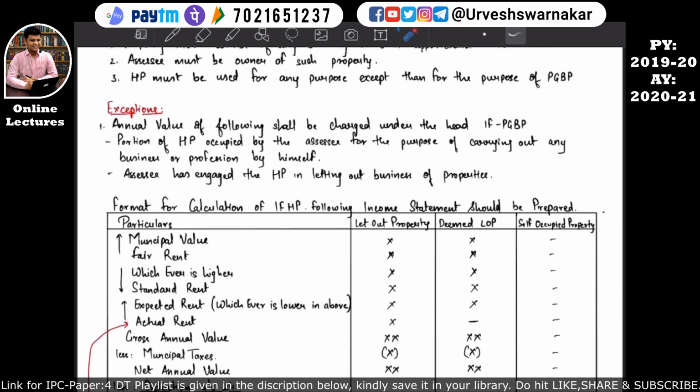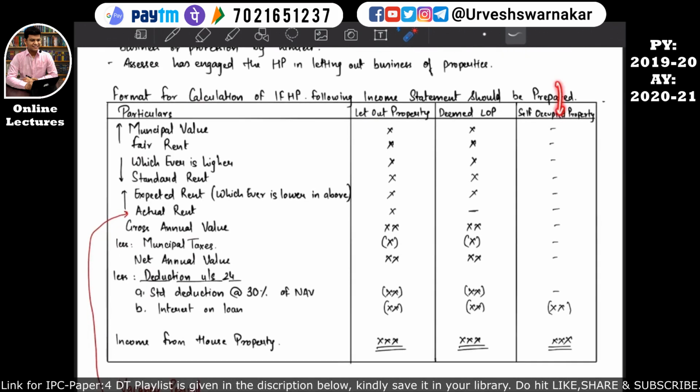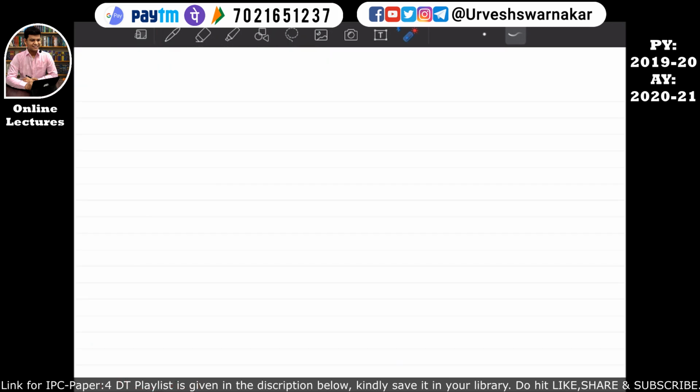So now I think it is time to explain this column: how a particular assessee having a self-occupied house property can also incur a loss. So understand this. We'll take a blank page and understand it, and then we will move back to our notes and I'll put the figures over there. Suppose Mr. B is our assessee. He has taken a loan for purchasing a house property.